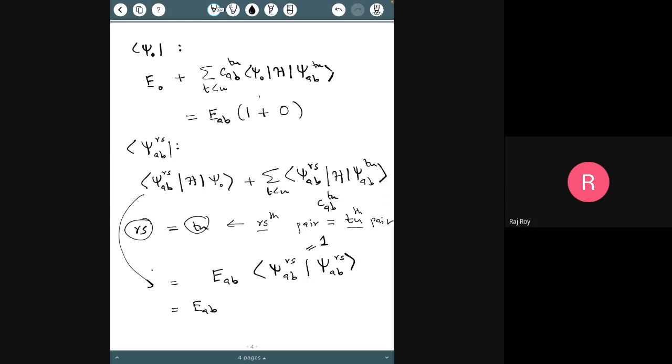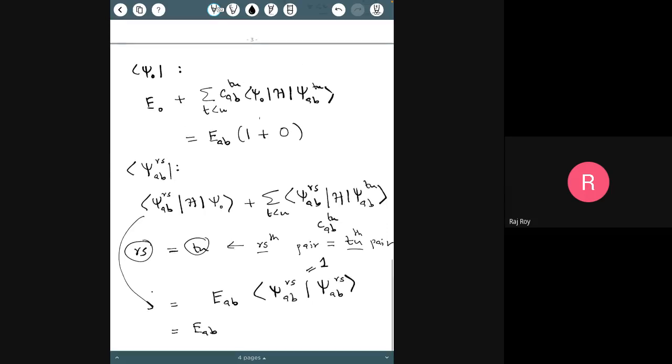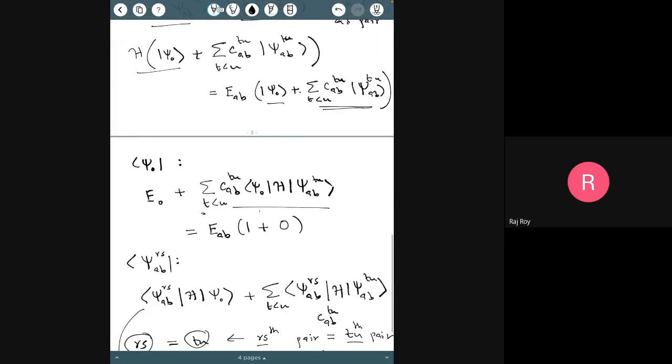Now I also know that this term was small EAB. Right? This was equal to small EAB. Isn't that so?